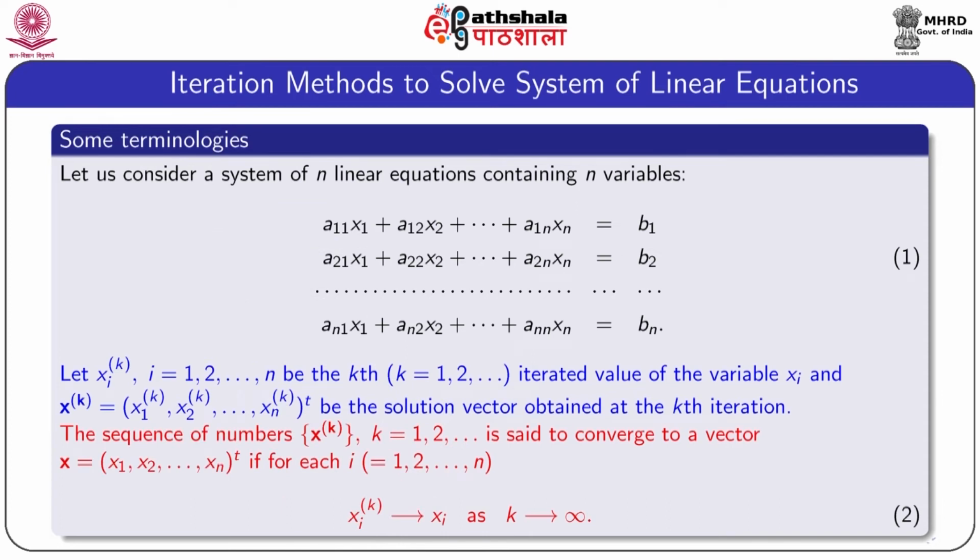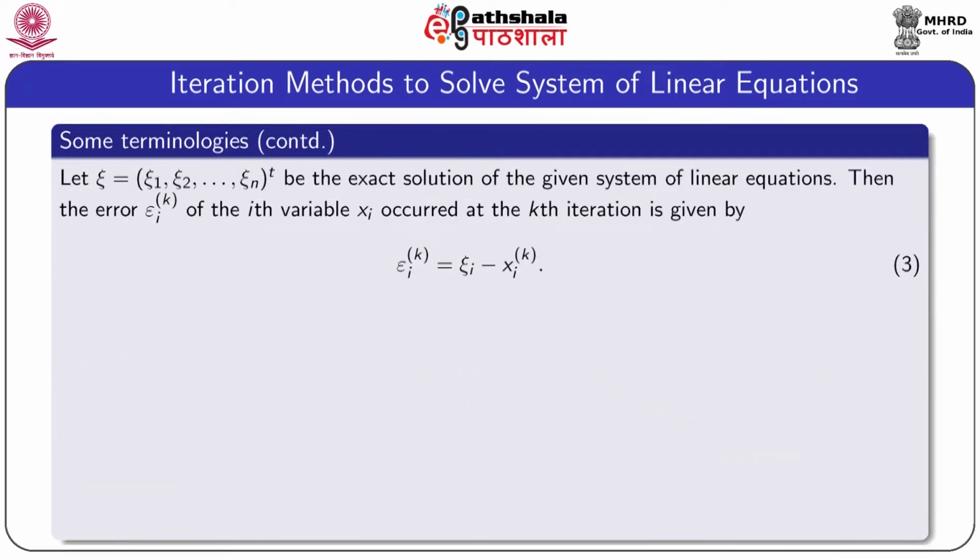The sequence x^k, k equal to 1, 2, 3 and so on is said to converge to a vector x equal to (x1, x2, ..., xn) transpose if for each i, xi^k, the kth iteration value of the variable xi, tends to the corresponding xi when k tends to infinity.